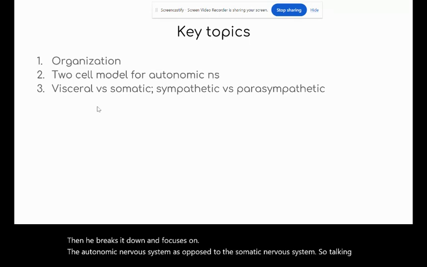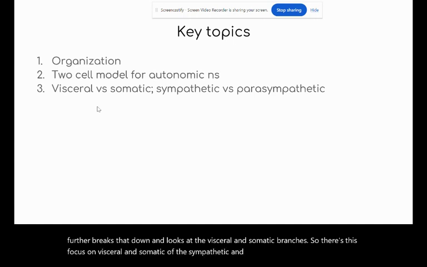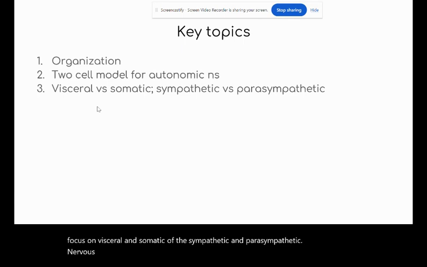So, talking about what we can control versus what we can't consciously control. And then he further breaks that down and looks at the visceral and somatic branches. So, there's this focus on visceral and somatic of the sympathetic and parasympathetic nervous systems.